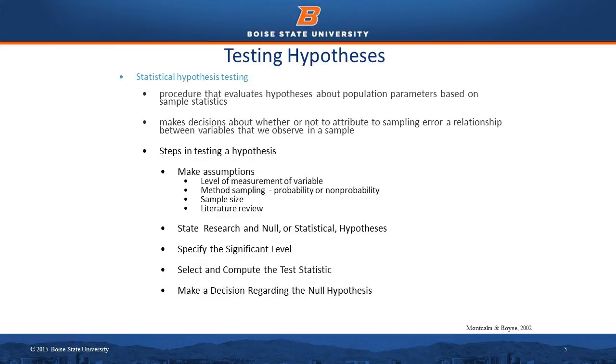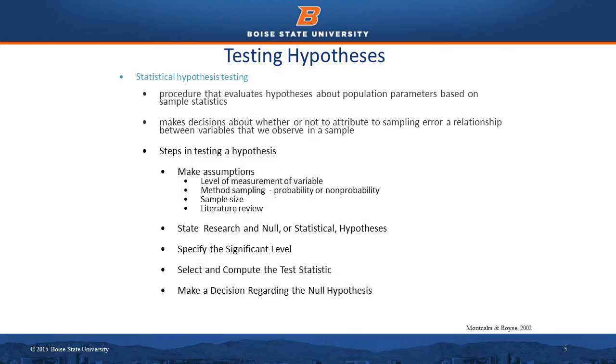Statistical hypothesis testing is the procedure that evaluates hypotheses about population parameters based on sample statistics. This testing determines whether or not sampling error is attributed to the relationship between the variables. When we develop a hypothesis, we consider 5 sequential steps. Step 1.